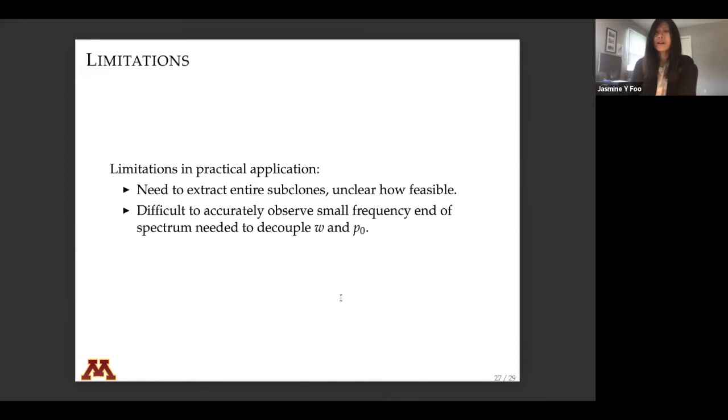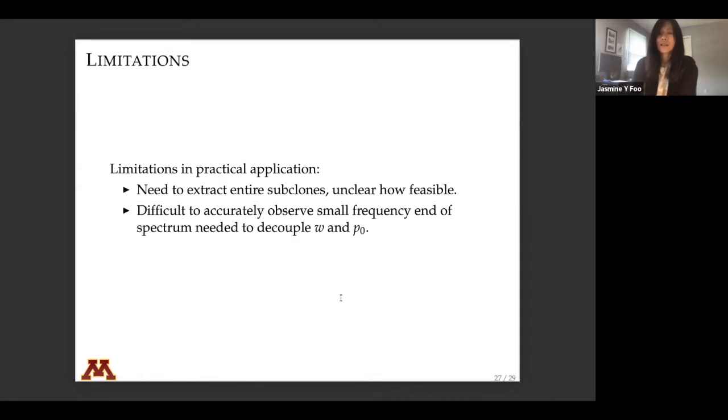It's unclear how feasible that is in a real setting. The other major limitation is that it is difficult right now to accurately observe the small frequency end of the spectrum, which is what is needed to decouple W and P naught. So both of these are real practical limitations.